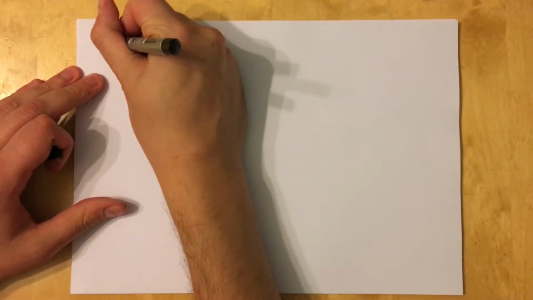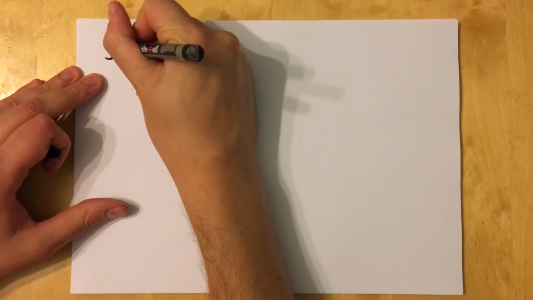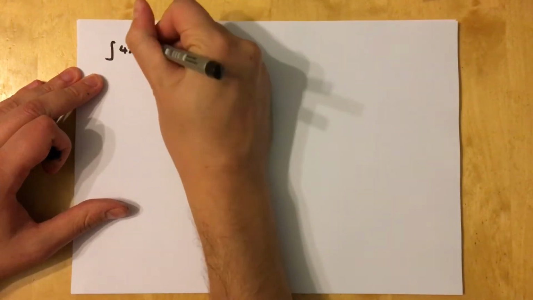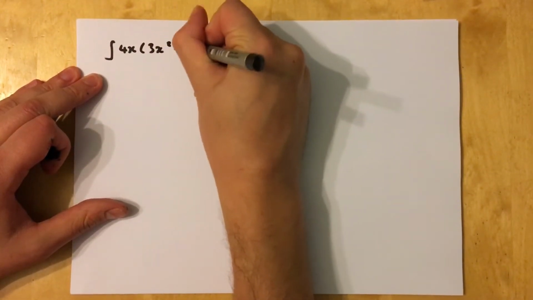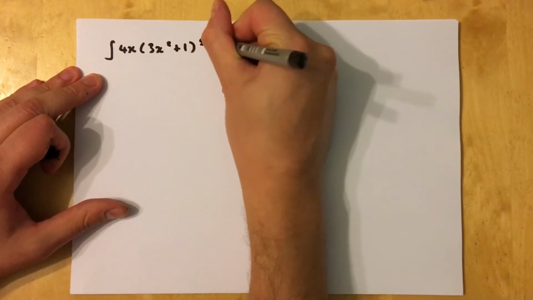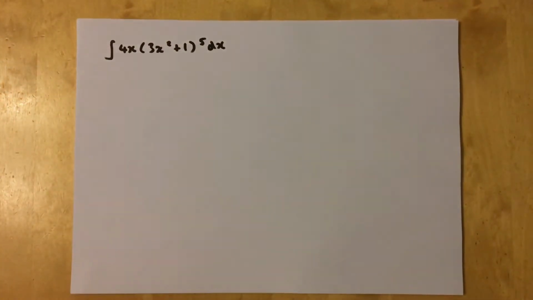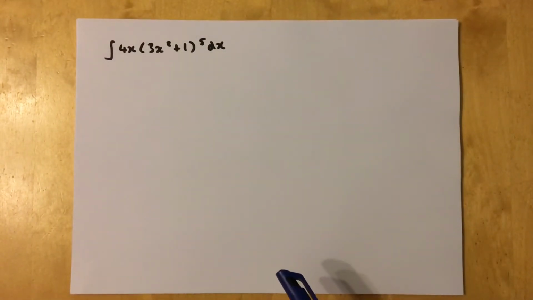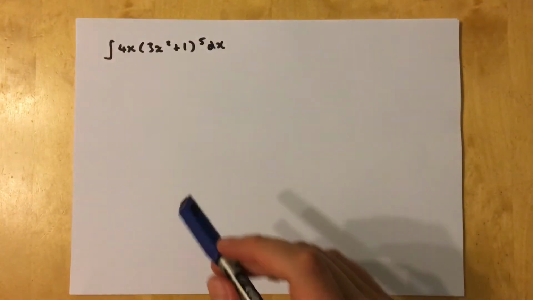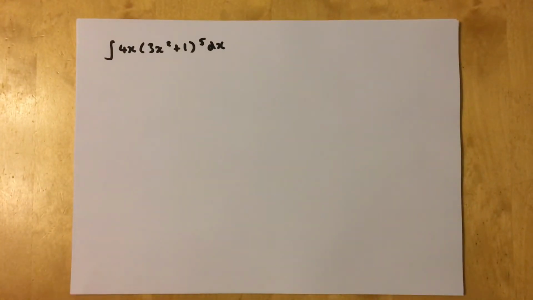So the first one we're going to have a go at is we are going to integrate 4x times (3x squared plus 1) to the power of 5 dx. Now for integration by substitution, we need to pick part of our function to replace with a different variable.